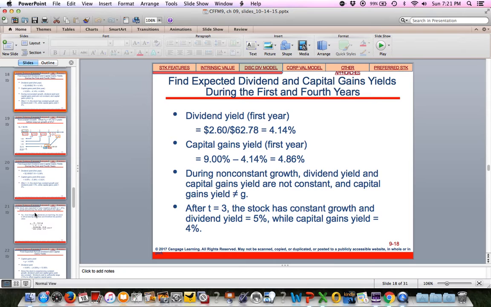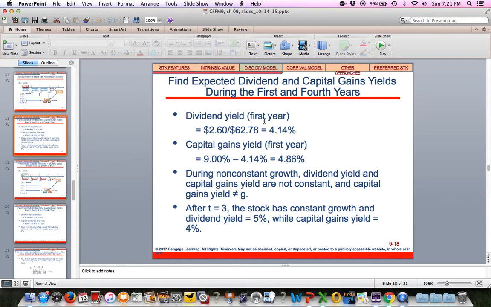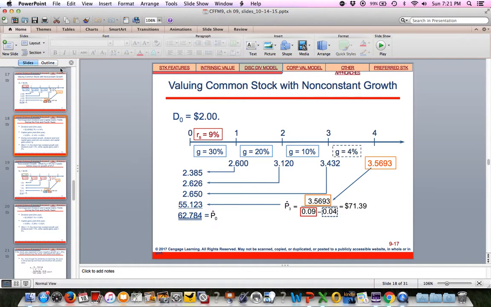Find expected dividend and capital gain yields during the first and fourth years. So really what this is saying is, what is the yield based on dividends versus capital gains. You can see what they're doing is they're taking that 2.60 number that was right here, D1, divided by the 62.78, and we get 4.14%, and the 62.78 was the sum right down here.